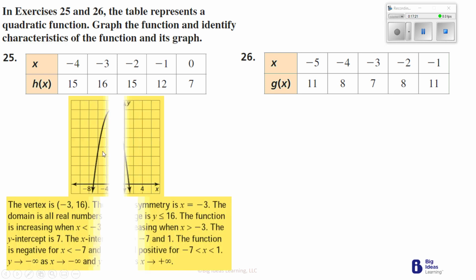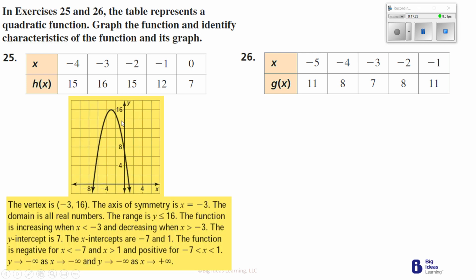Well, if I graph this function, when x is negative 4, y is going to be 15. 15 is about right here. When x is negative 3, since this would be negative 2, negative 3 would be here, then y would be 16. Okay, so that tells me the vertex is negative 3 and 16.